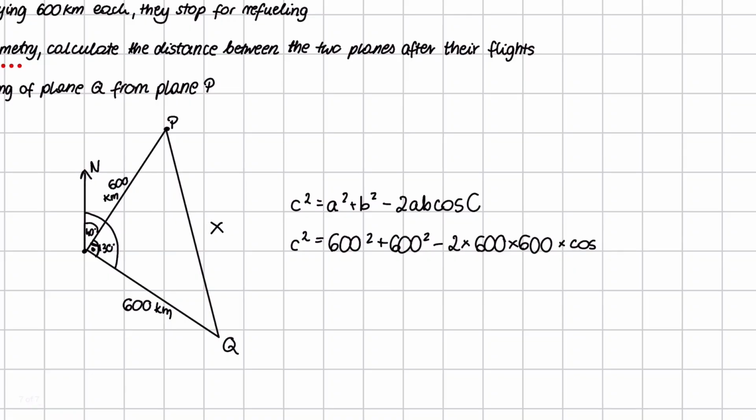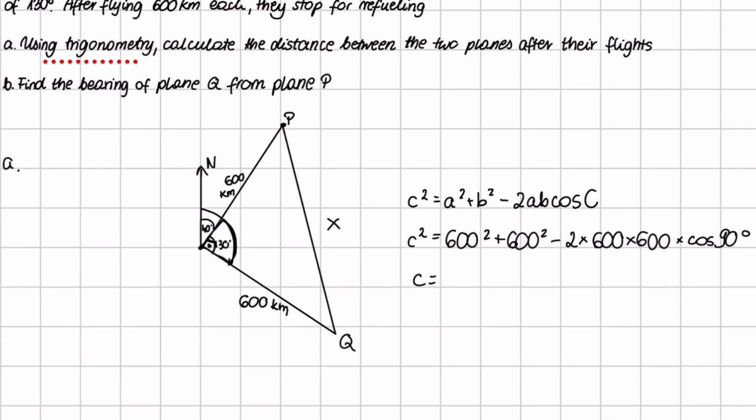So we have to be careful because we have to take only this angle, so our 90 degrees, and now we have to calculate it, and c is 848.552 kilometers.